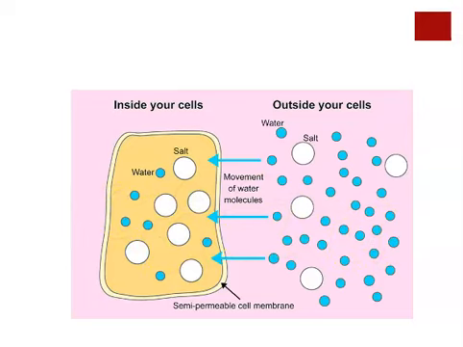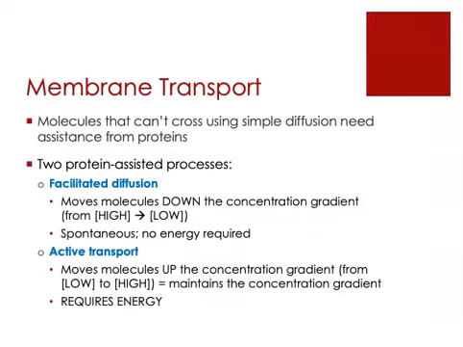Osmosis only occurs in living cells when there's a gradient of a molecule that can't go away. It can't be fixed because the molecule can't cross the membrane. What if we have a molecule that can't use simple diffusion, but the cell needs to get it across the membrane?